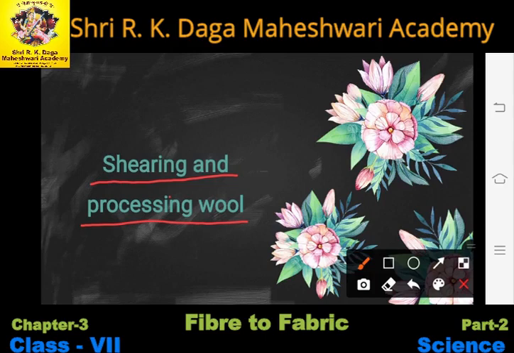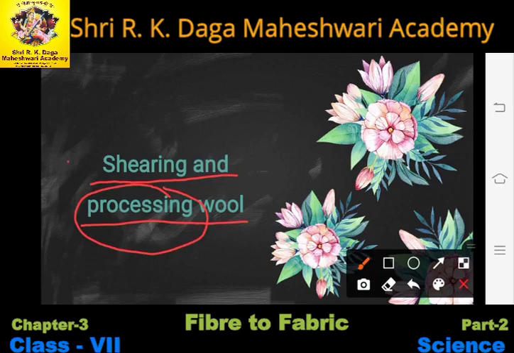From the hairs of the animals, but that wool is not just ready to use. We have to process that wool before making sweaters, shawls, blankets, and other items by using that wool, right?